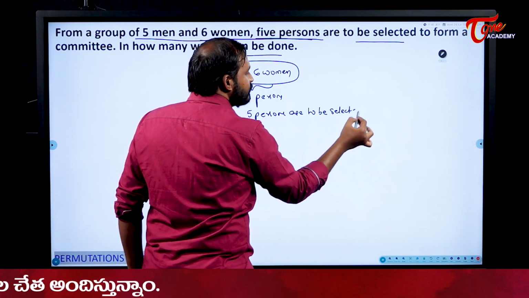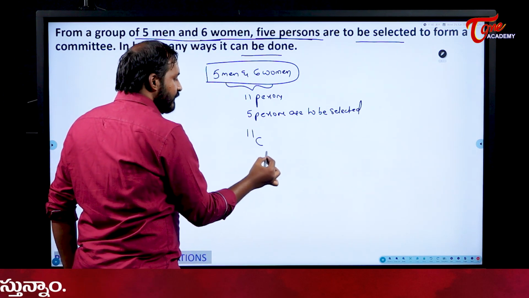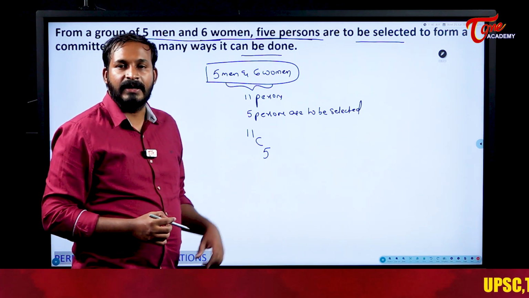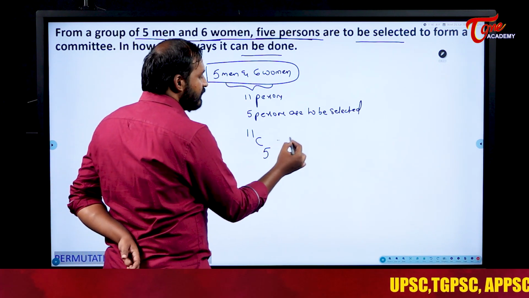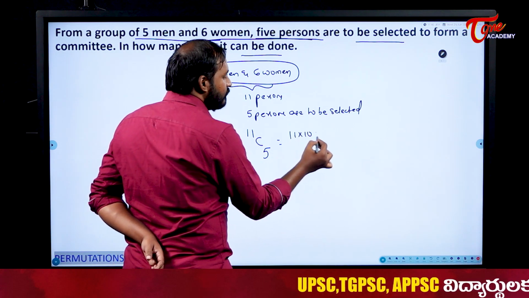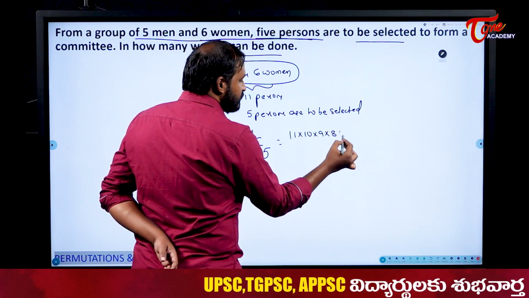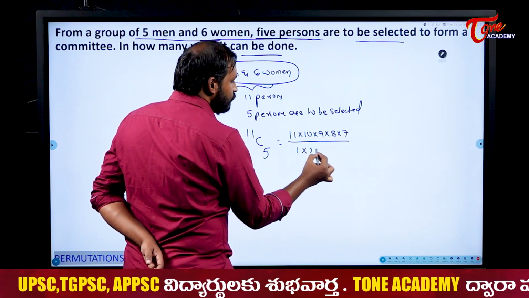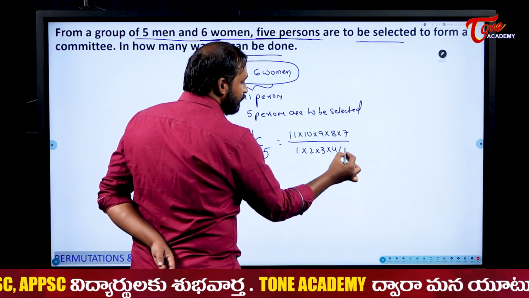So what happens to these now, students? It becomes 11C5. From 11 I need to choose 5 people. It becomes 11 into 10 into 9 into 8 into 7 by 1, 2, 3, 4 and 5.